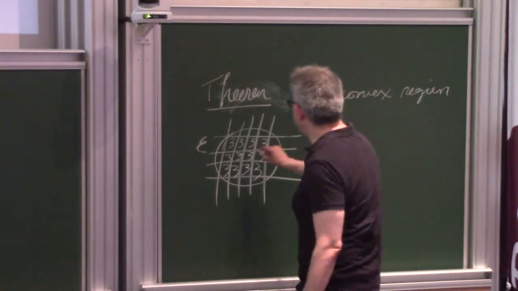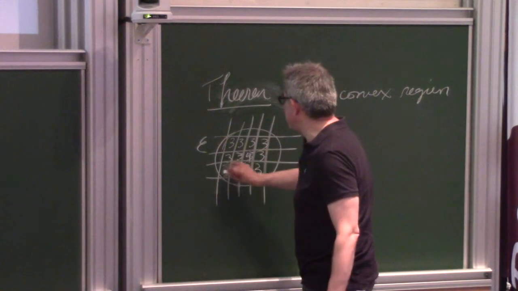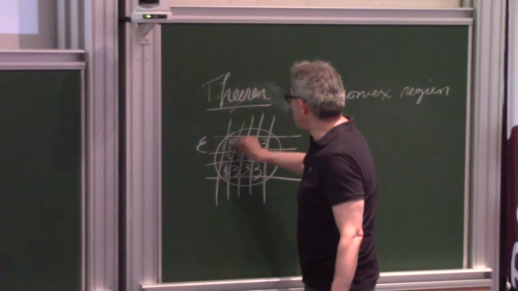Then you drop here, maybe it's a 4, and maybe here is a 4, and maybe here is a 4.